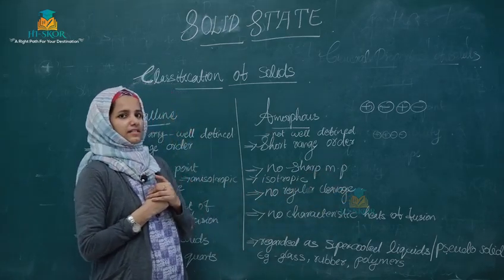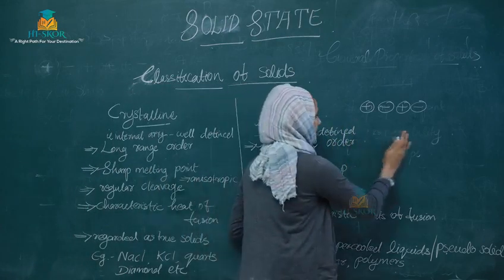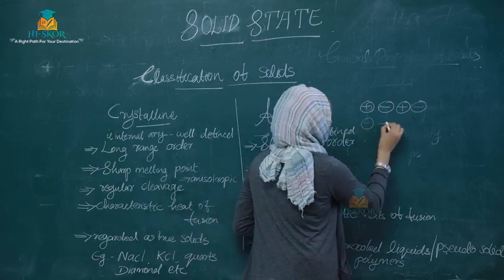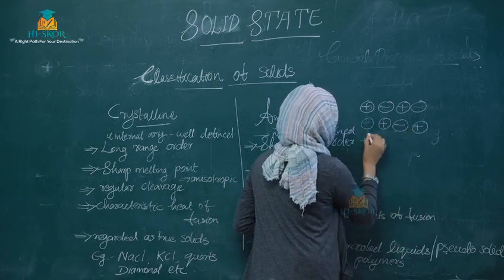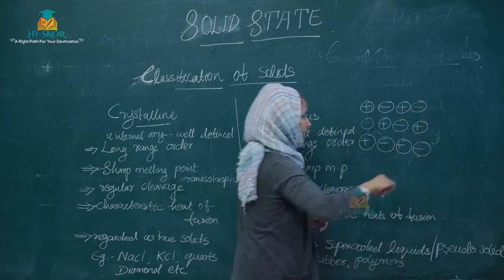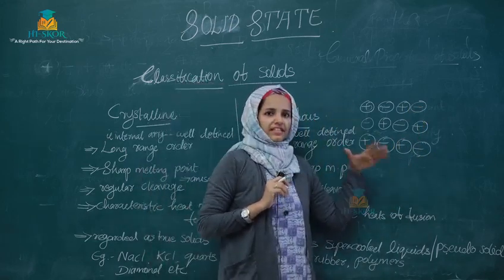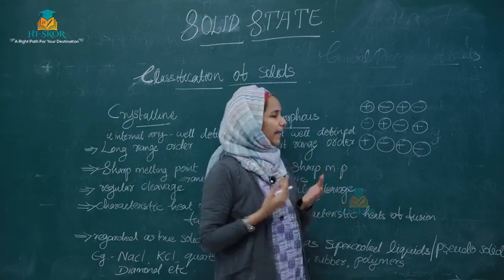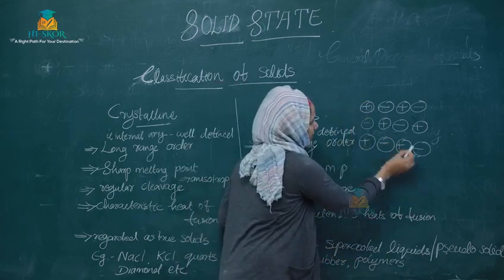Another important difference is, in crystalline solids there is a regular pattern we can see, right? This type of regular pattern we can see in crystalline solids. So, what about the physical properties? Suppose the properties towards light: what will happen when we pass light through a crystalline solid?